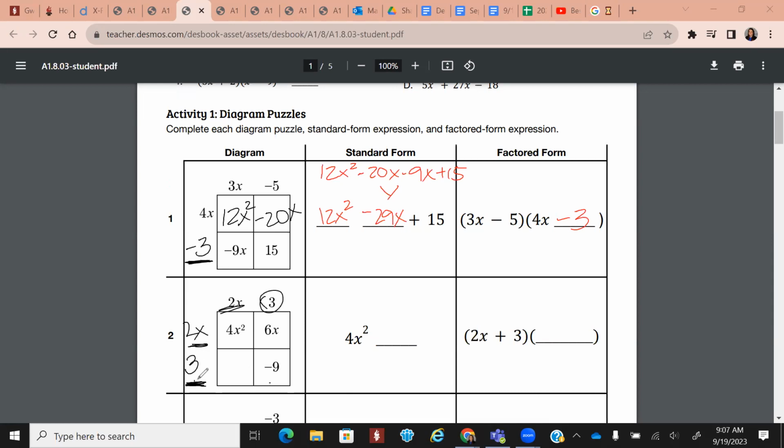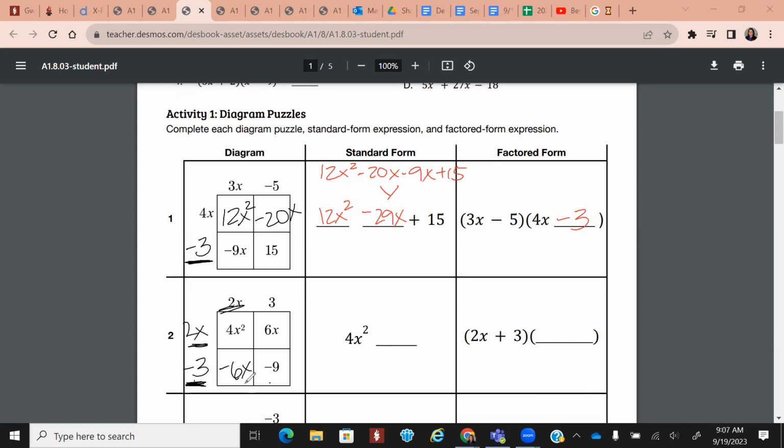Positive 3. 3 times negative. That's not a negative. So negative 3. Okay. Negative 3 times 2x is negative 6x.